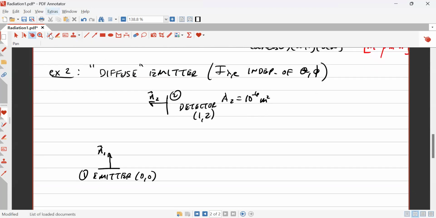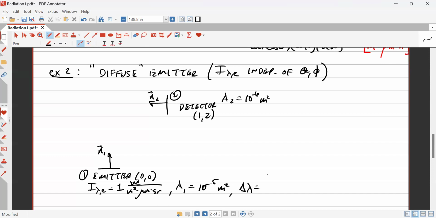The emitter has an intensity of 1 watt per meter squared micron steradian, an area of 10 to the minus 5 square meters, and it only acts on a small wavelength range of 10 to the minus 2 microns. So given this, we want to find what's the heat flow from 1 to 2.